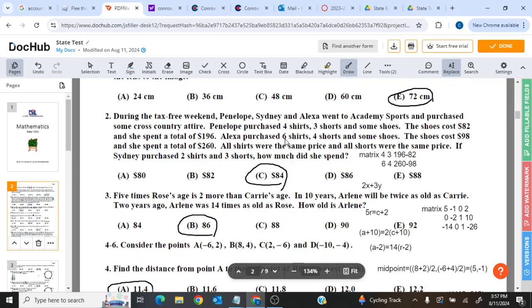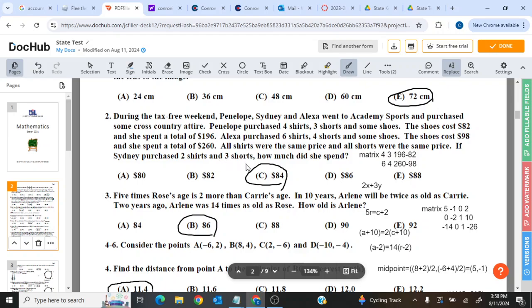Then Alexa did similarly, 6 shirts, 4 shorts, and then she spent a total of 260 minus $98 on those items. And then once you put that into your matrix, you do RREF. If you watch these videos, you should know how to do this by now. RREF, and then you'll get the values for the prices of your shirts and shorts, and then you can figure out the price of 2 shirts and 3 shorts.